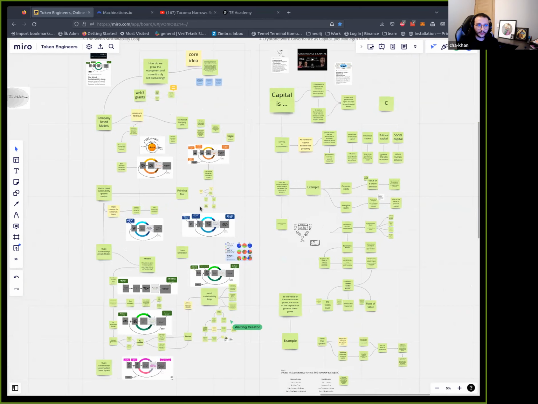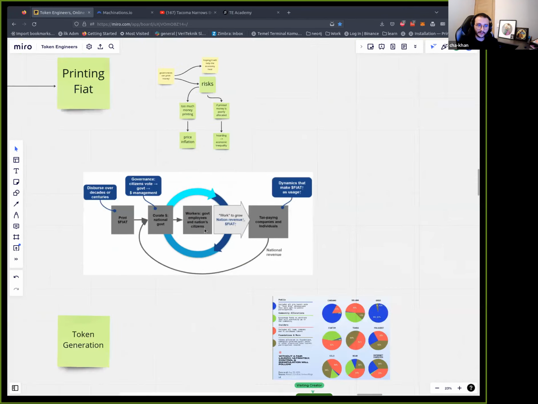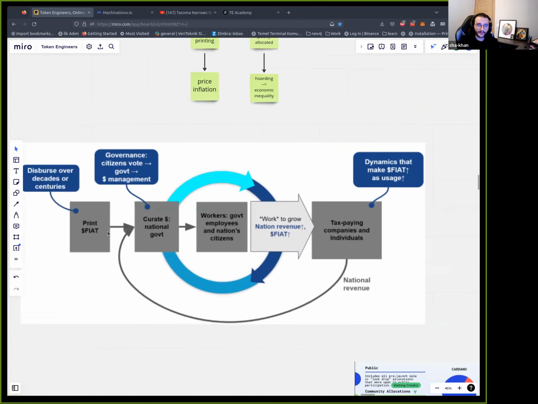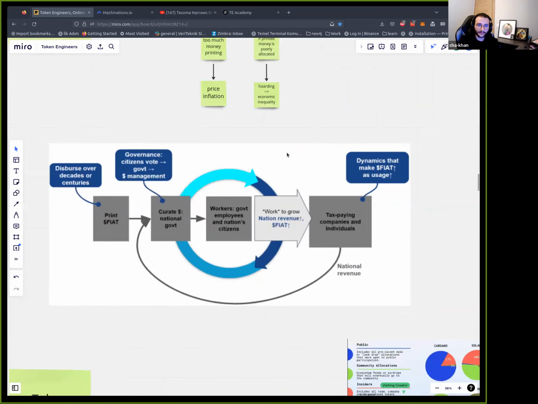And if you take a look at this paper, it compares this model with previous models. This is governments. Governments have a similar structure to token generation. Instead of tokens, they print money and they tax individuals to generate revenue.